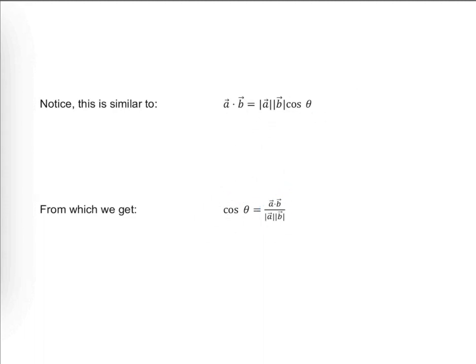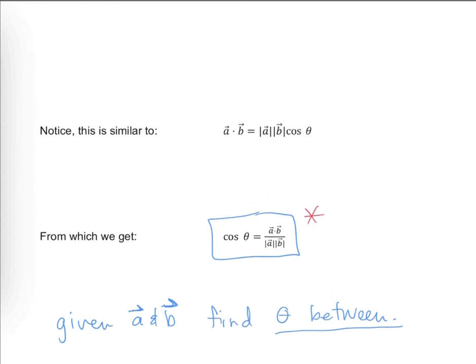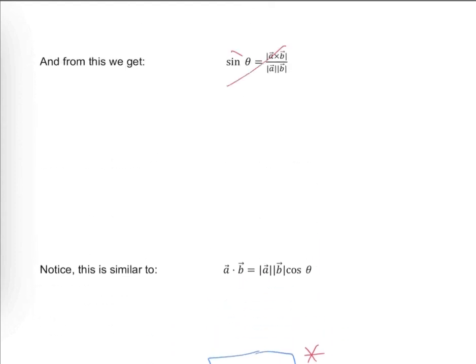Now, we often use this theorem in order to determine the angle between two vectors. So if we have been given vector A and vector B and we want to find the angle in between, traditionally we use this formula instead of this formula.